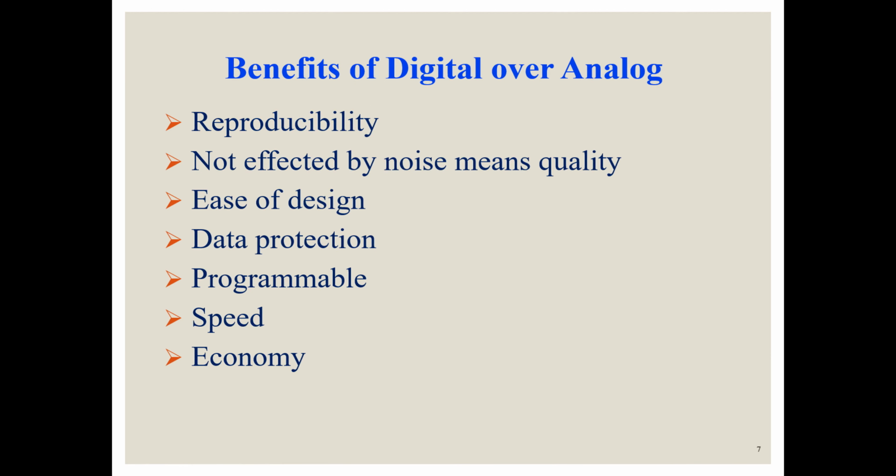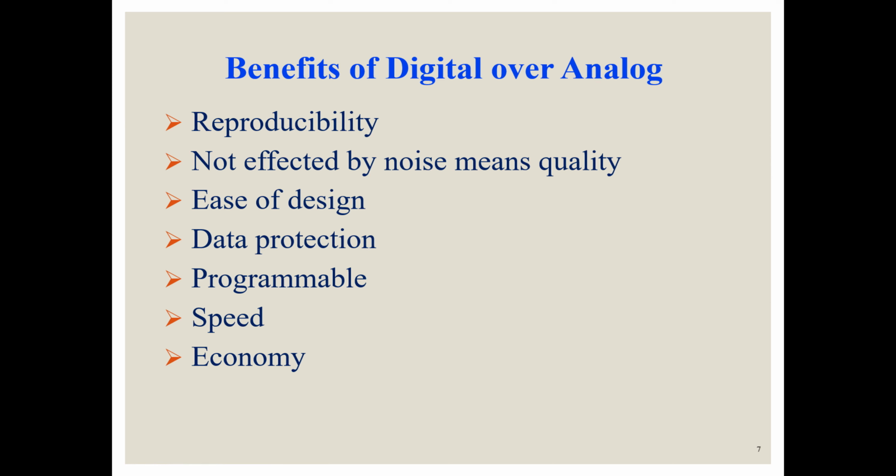Benefits of digital over analog. First one, reproducibility, as I told: it can be easily programmed, reprogrammed or reproduced. Not affected by noise means better quality. In analog signals, noise gets inculcated into the signal. It can be any kind of noise, due to the environment or due to defects of the electronic product.